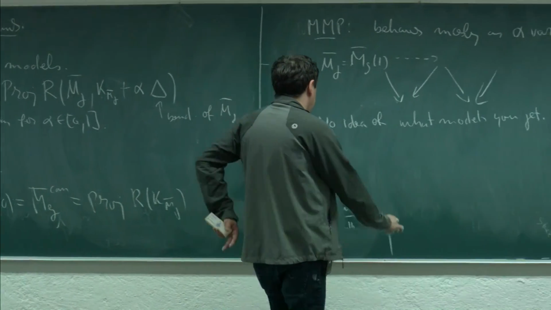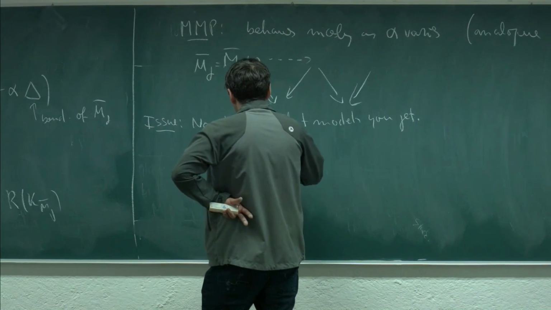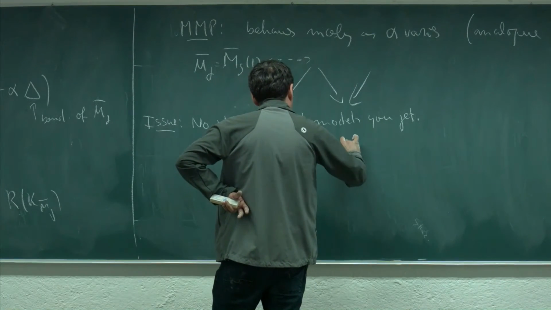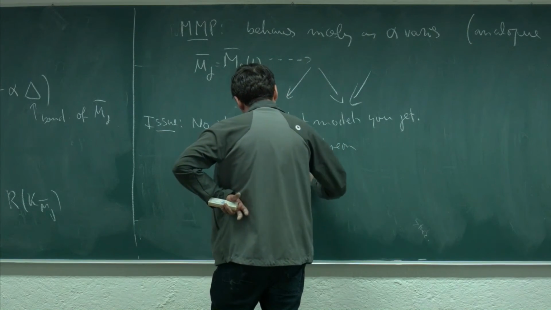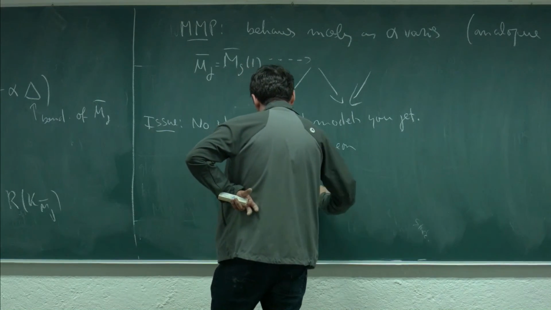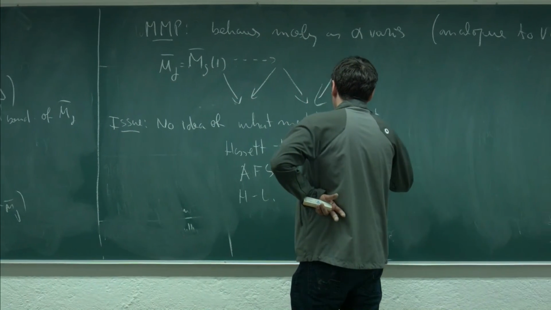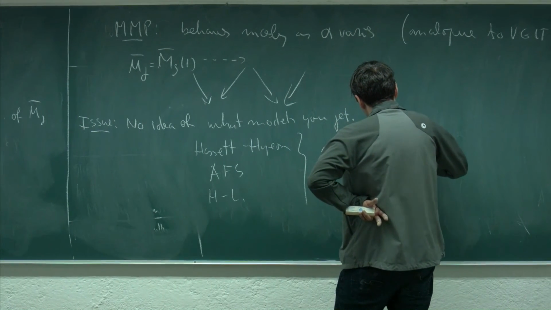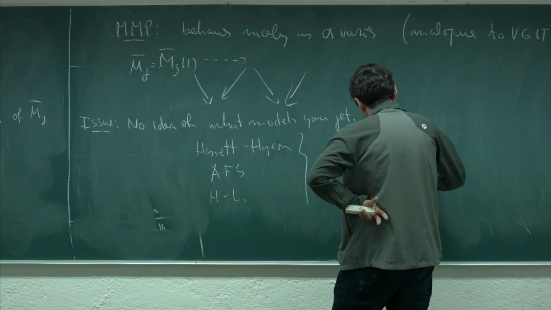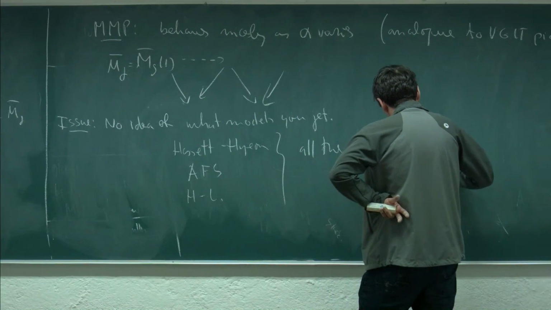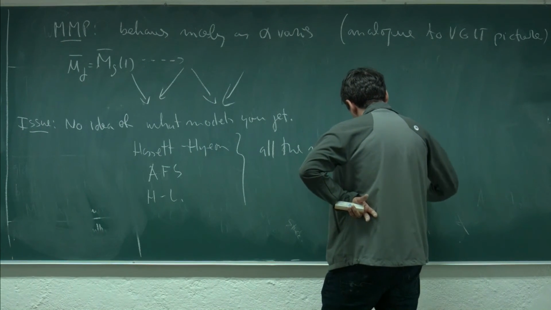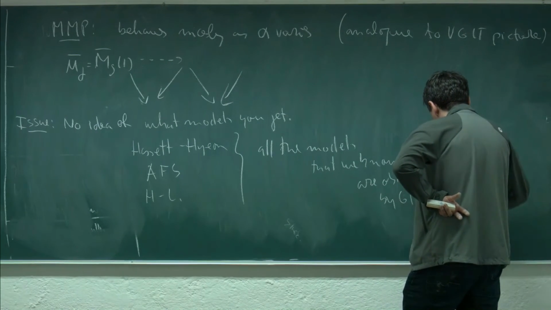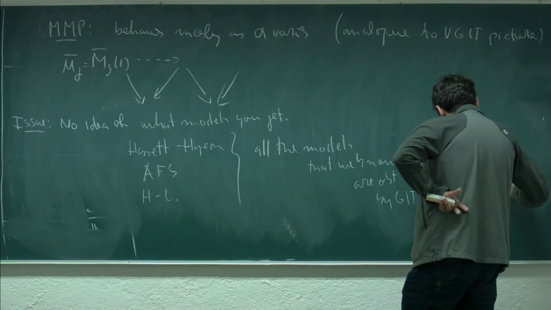And what was done, so here is Hassett, Hyeon, Alper, Fedorchuk, Smyth, Hyeon, Lee, and many others, is basically that all the models that we know are obtained by GIT for small mu.